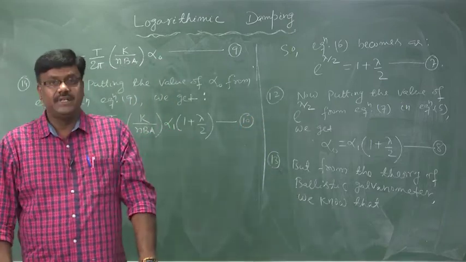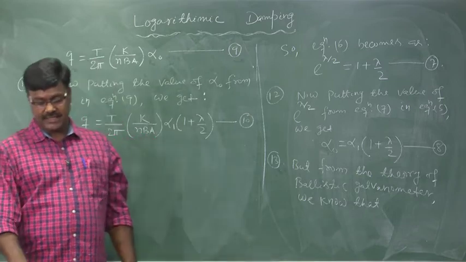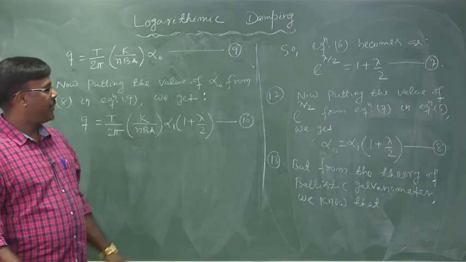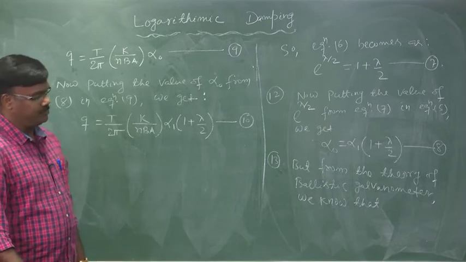And this gives the relation between the charge passed through the galvanometer and the first throw observed.